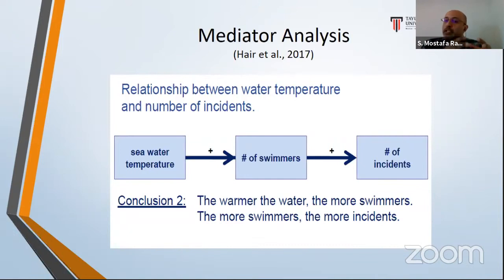Community attachment, environmental attitude, cultural attitude: increasing these antecedents will increase the perception of residents toward tourism. So by improving the perception of residents, their support for tourism development will increase.